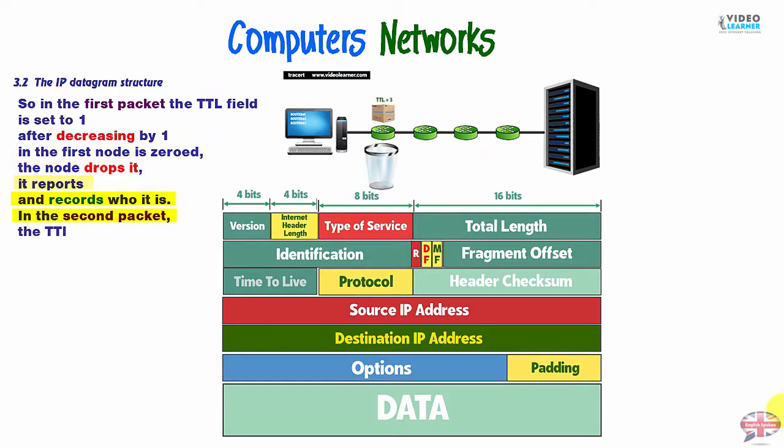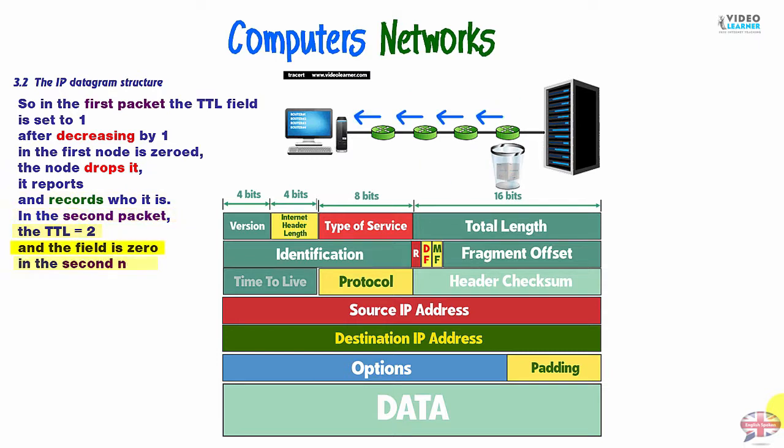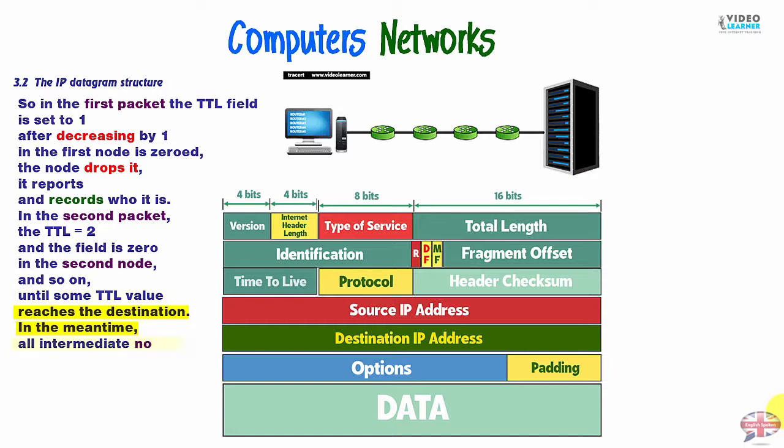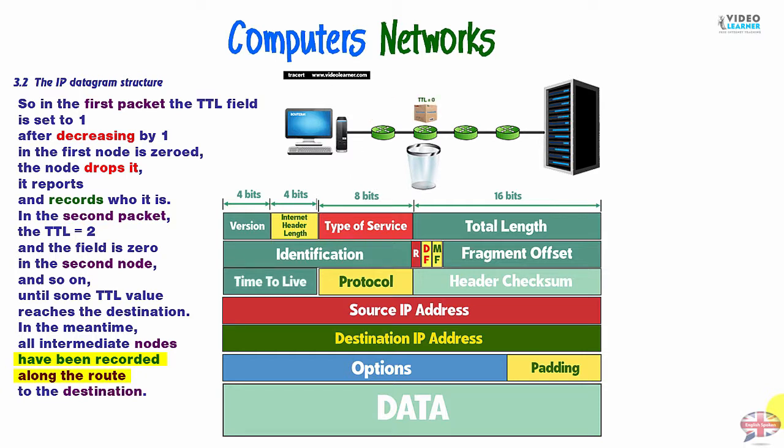In the second packet, TTL is set to 2 and the field is 0 at the second node, and so on until some TTL value reaches the destination. In the meantime, all intermediate nodes have been recorded along the route to the destination.